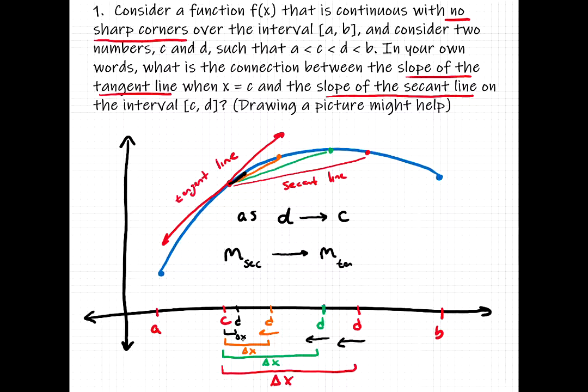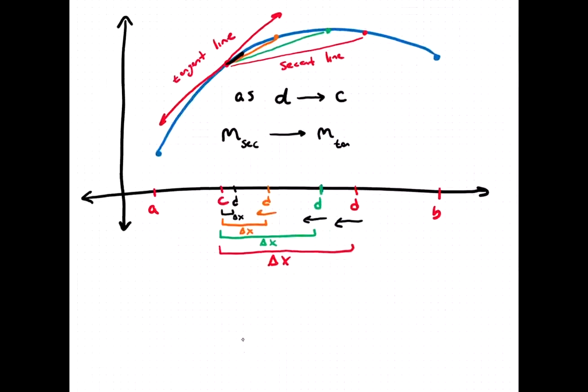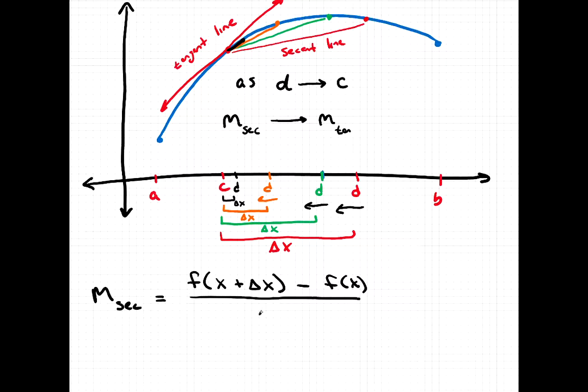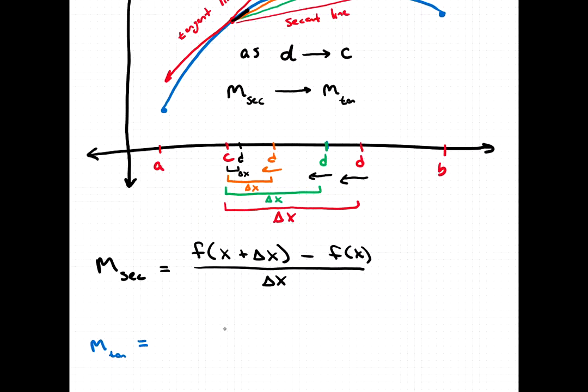So what we're doing is we're taking our formula for the slope of the secant line, which is the difference quotient: f of x plus delta x minus f of x, all divided by delta x.